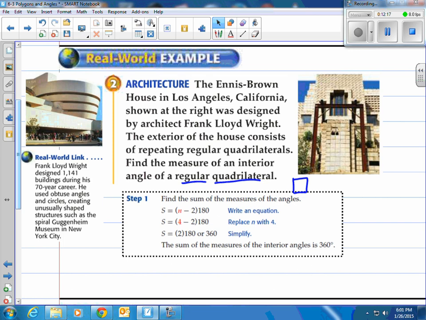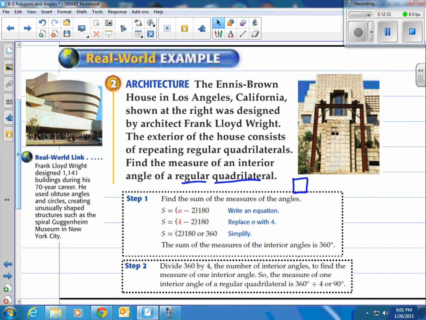So, it says find the sum of the measures of the angles first. If we take our formula, which is the sum is equal to n minus 2 times 180. A quadrilateral has 4 sides. 4 minus 2 is 2. 2 times 180, 360 degrees. The sum of the measures of the interior angles is 360 degrees. Now, divide 360 by the number of interior angles, and you'll find the measure of one interior angle, and that's what we're looking for.